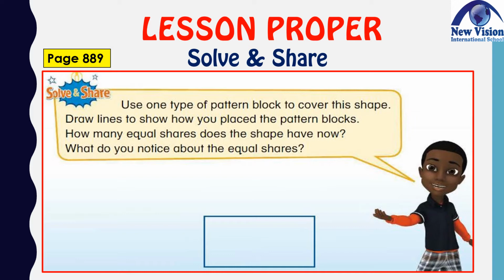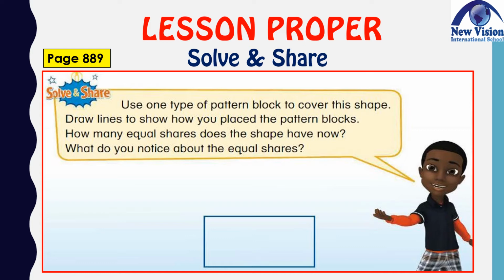What does it mean to use only one type of pattern block? Use only one kind of shape, such as only squares. How do you know you have covered the shape? The rectangle will be completely covered with my pattern block shape, and there will be no gaps or overlaps.